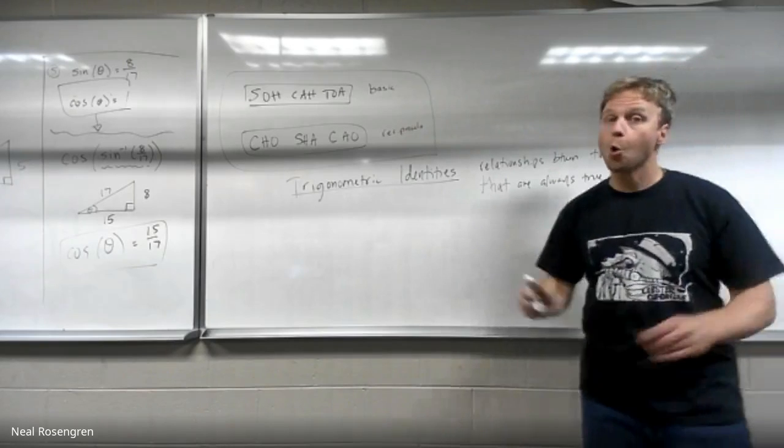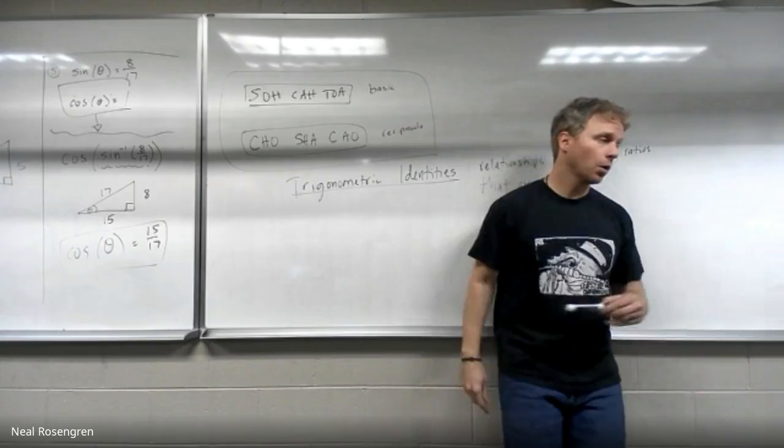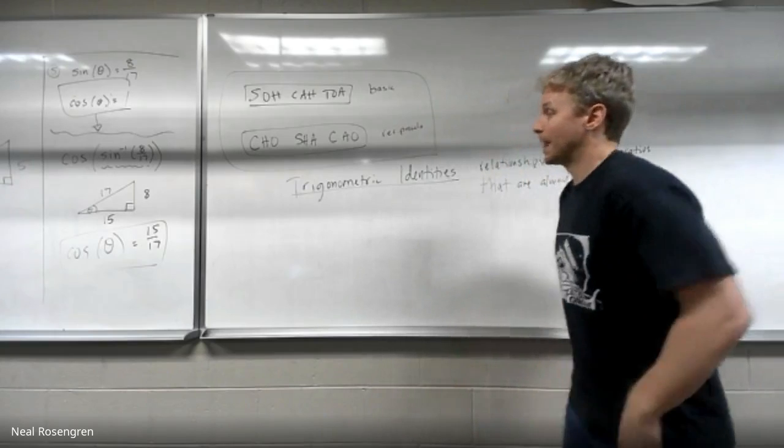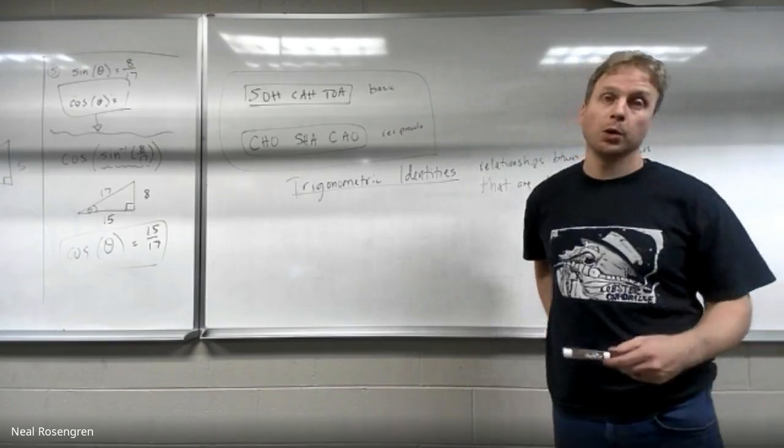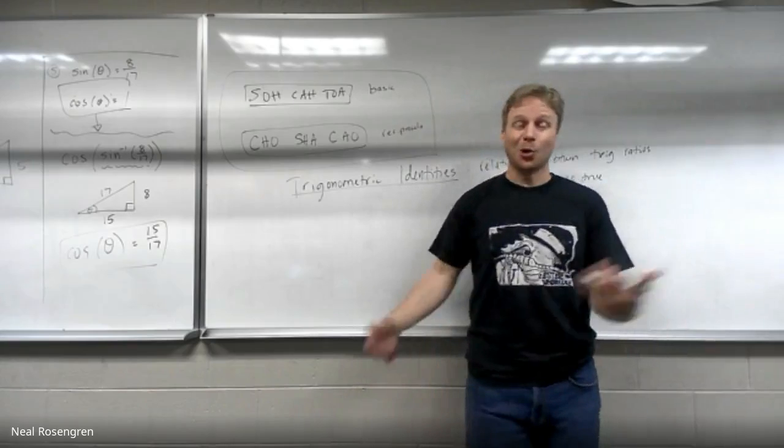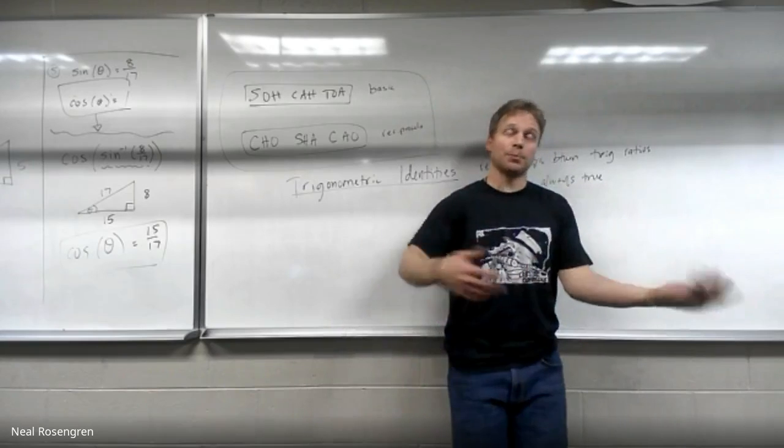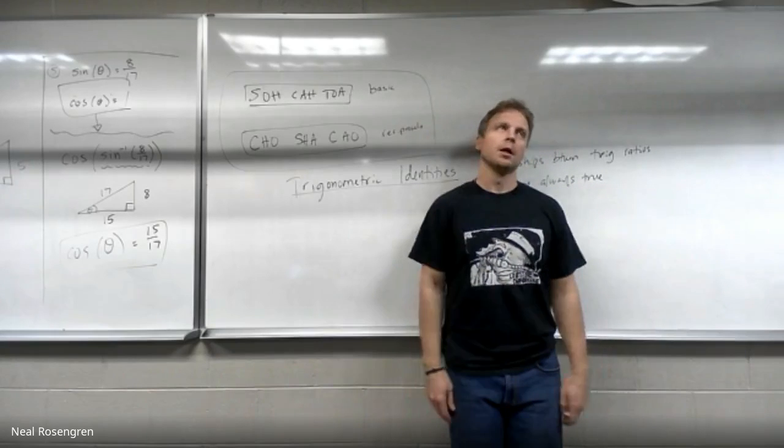No matter what, no matter where you are, no matter how big things are or how small they are, some things are always true. Like cosine is in a right triangle opposite over hypotenuse, or adjacent over hypotenuse.